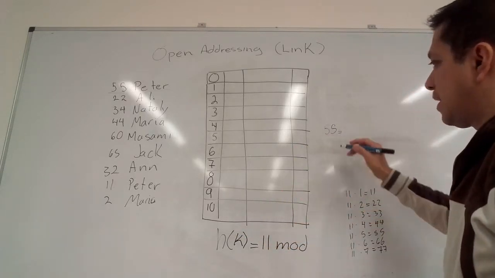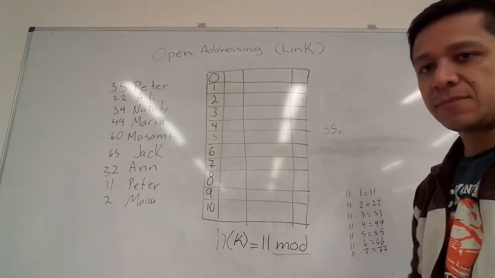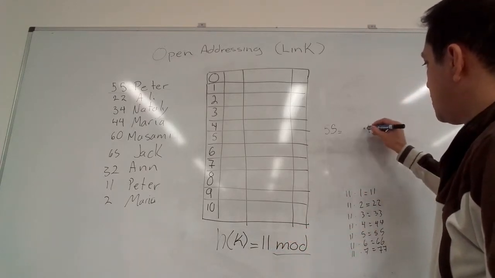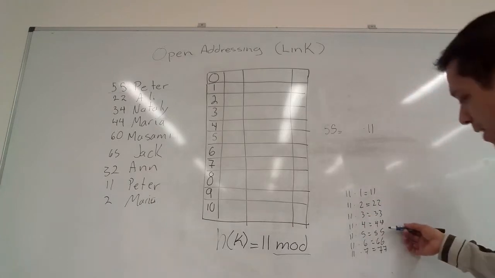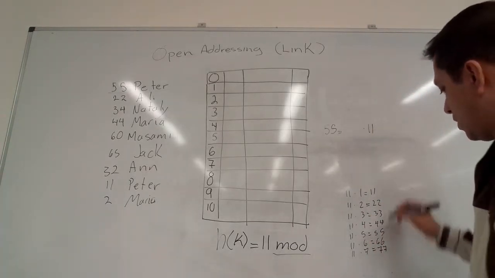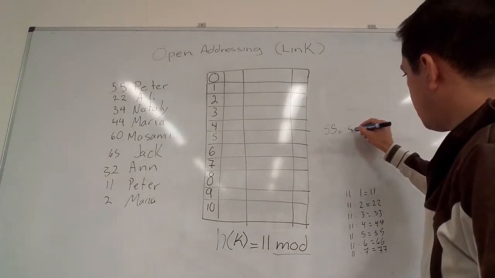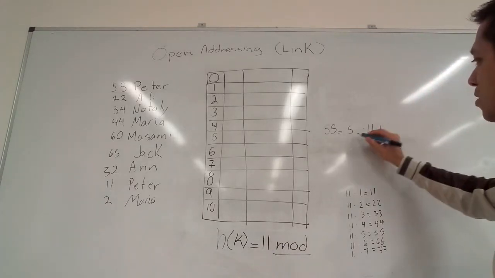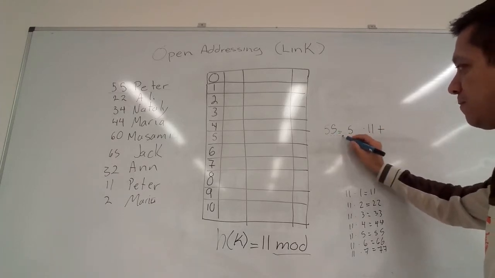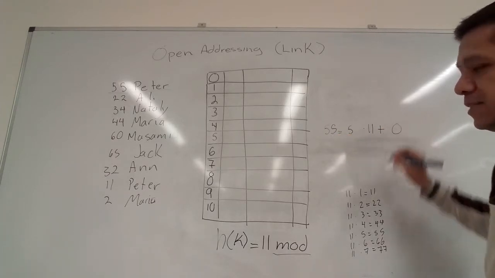If we take the mod of 11, we can say that 11 is going to multiply by 5, which is the product. 11 times 5 is 55, and the mod is 0.